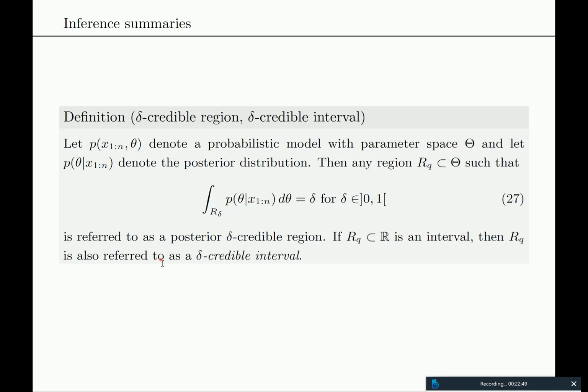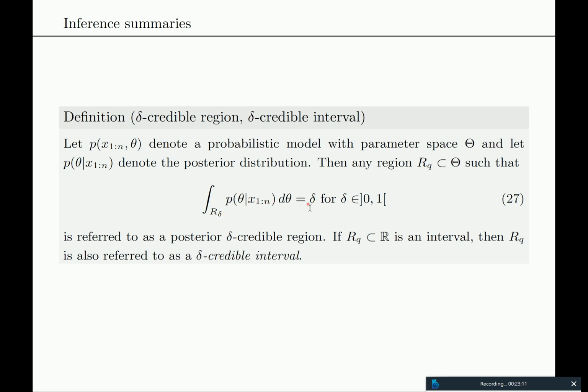So what is then a delta credible region or delta credible interval? Well, you have a probabilistic model with parameter space theta, and you have the posterior distribution, and then any region such that the integral over this region of the posterior distribution equals delta.